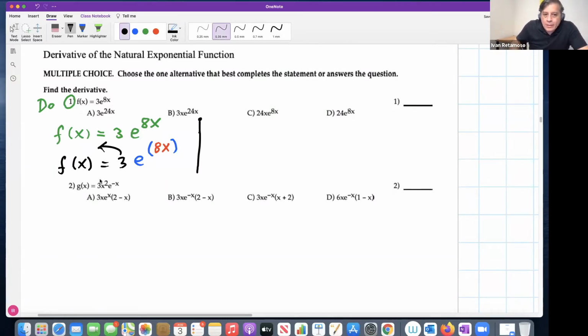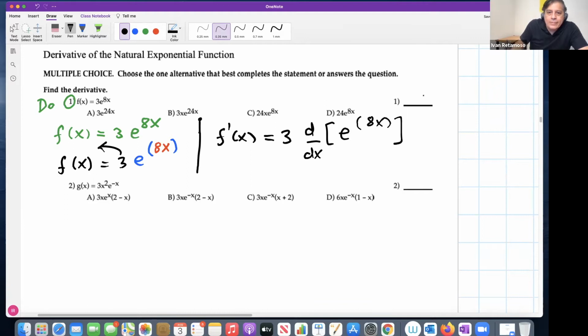So let's do it together, right? If you want the derivative of f, you have to take 3 out and focus on taking the derivative with respect to x of this function, e raised to 8x, right?